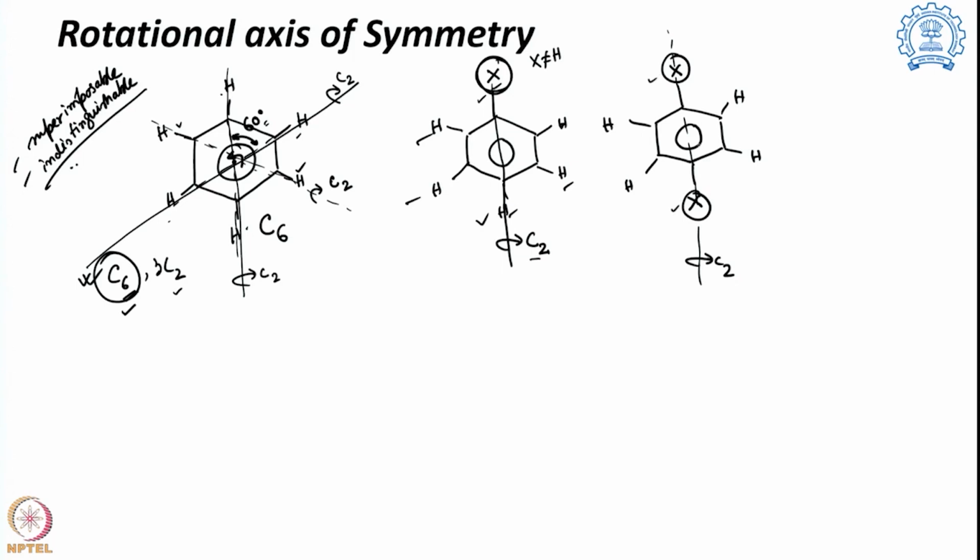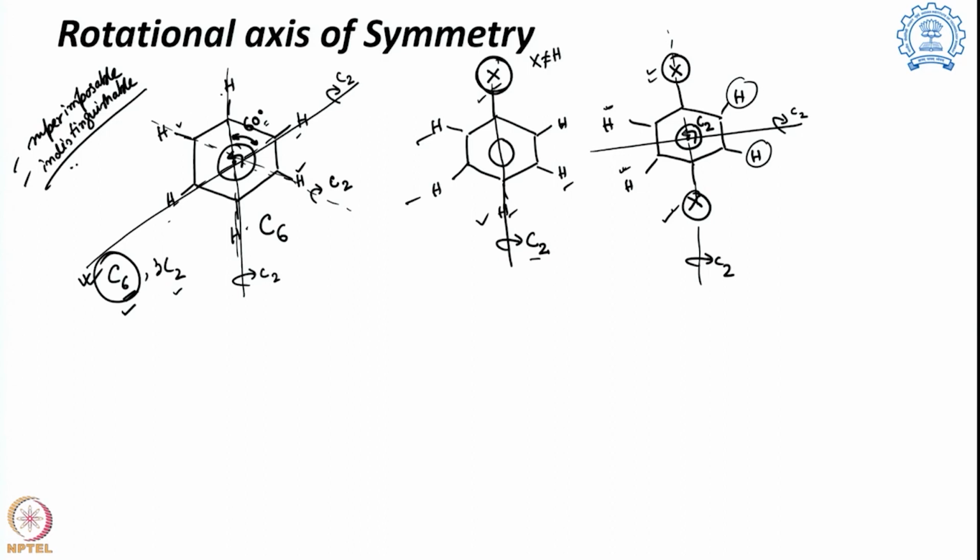I can have a C2, a 180 degree rotation, over here. If I rotate 180 degrees, these two X's change position, and this hydrogen changes position, and this hydrogen changes position. So, I have 1 C2 over there, and also I have a C2 over here, very similar to where I have the C6 in the benzene.